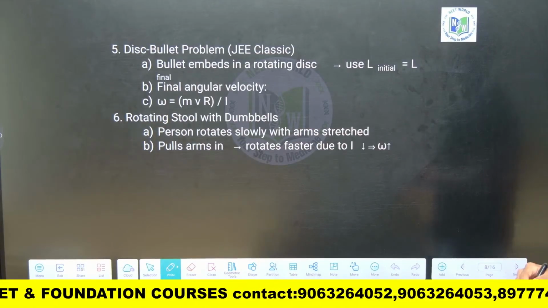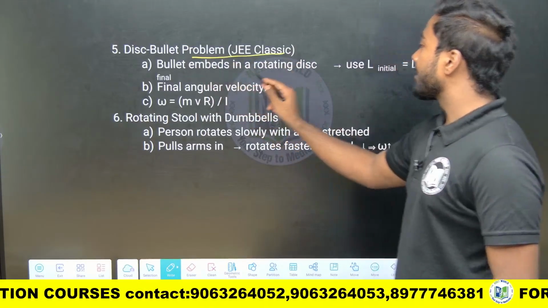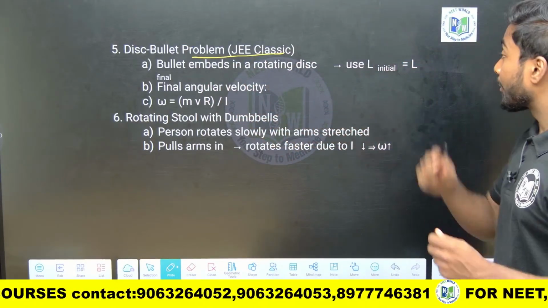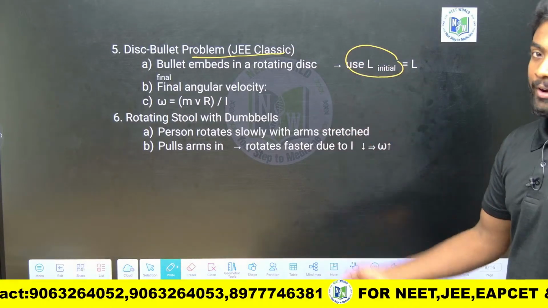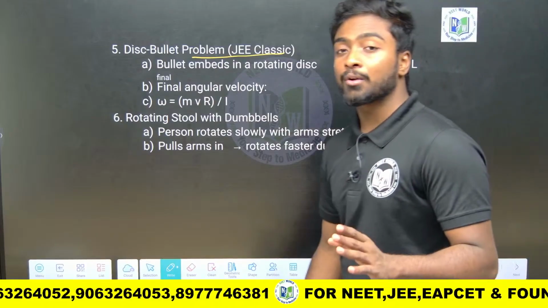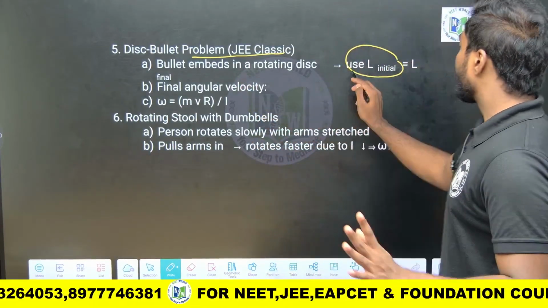Disk bullet problem. These kinds of problems can also be asked, like a bullet embedded in a rotating disk. So use L initial is equal to L final. Angular momentum is conserved.